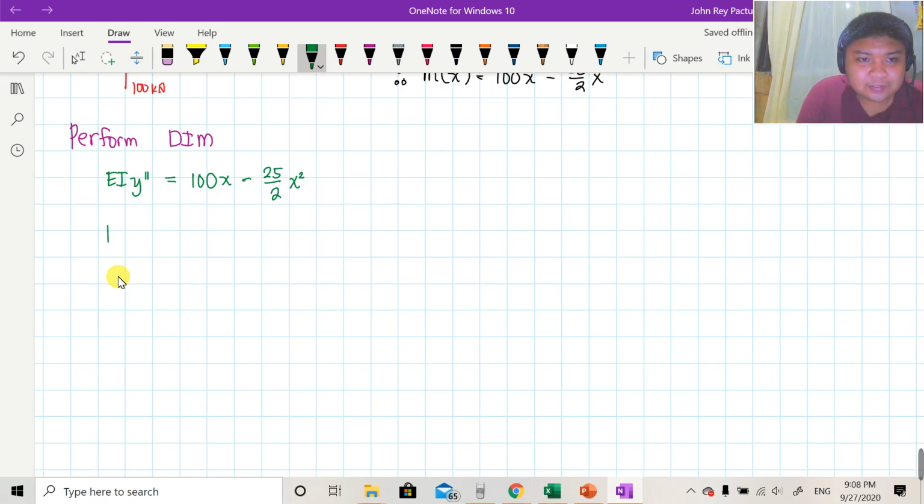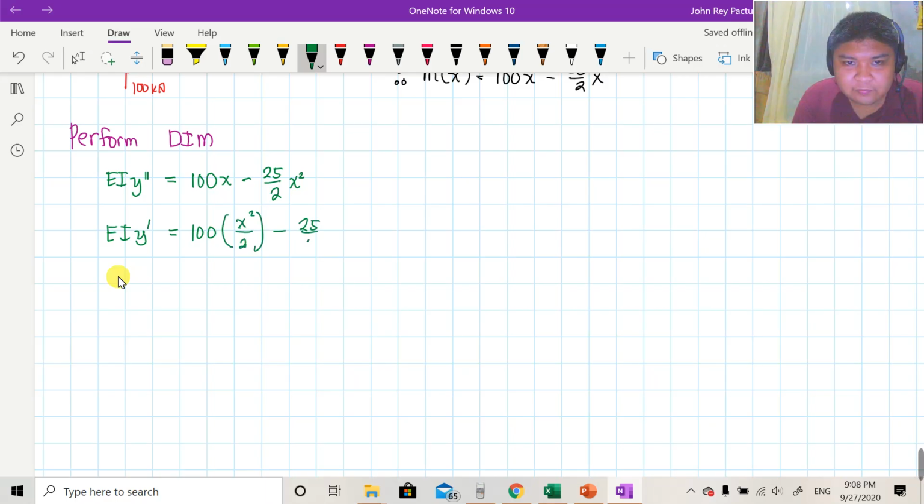For the first integration, the symbol will be EI y prime. From the last discussion, we already discussed how to integrate this. x originally has an exponent of 1, so it becomes x squared, and you divide by 2.